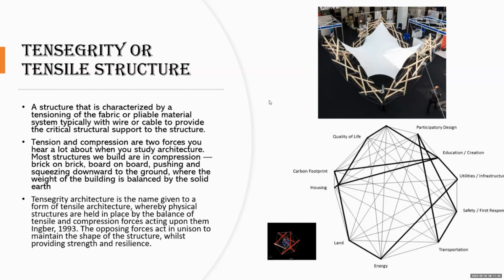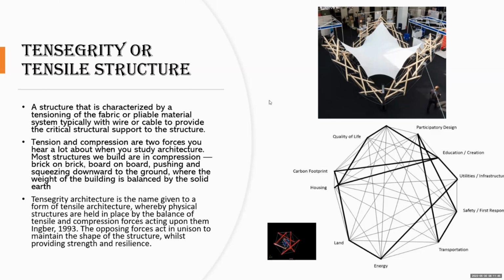Tension and compression are two forces that you hear a lot about when you study architecture. Most structures we build are in compression: bricks on bricks, board pushing and squished down into the ground, where the weight of the building is balanced by the solid earth.